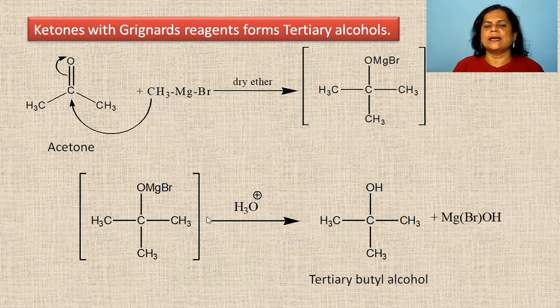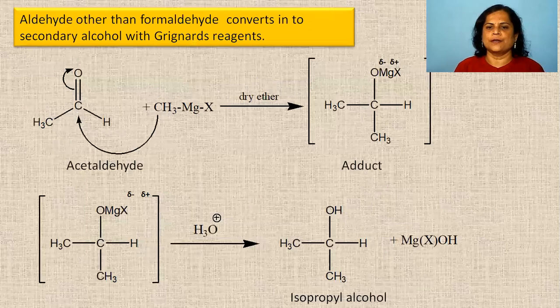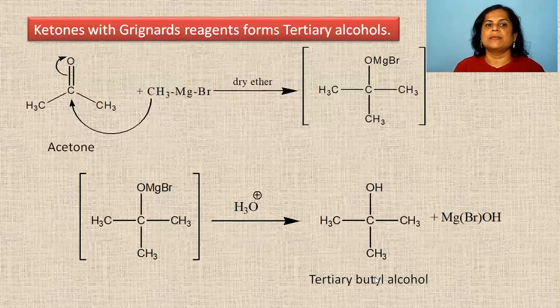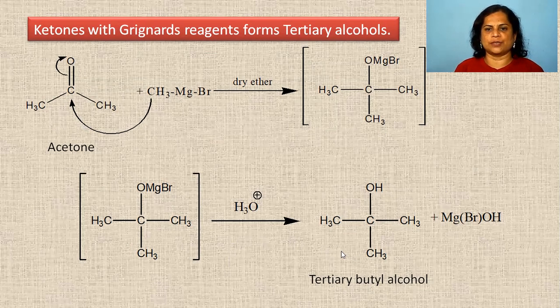Now see, in the last reaction we studied, acetaldehyde reacts with Grignard reagents and forms isopropyl alcohol, which means acetaldehyde forms a secondary alcohol. When acetone reacts with Grignard reagents, they form tertiary butyl alcohol, which means acetone with a Grignard reagent forms a tertiary alcohol.